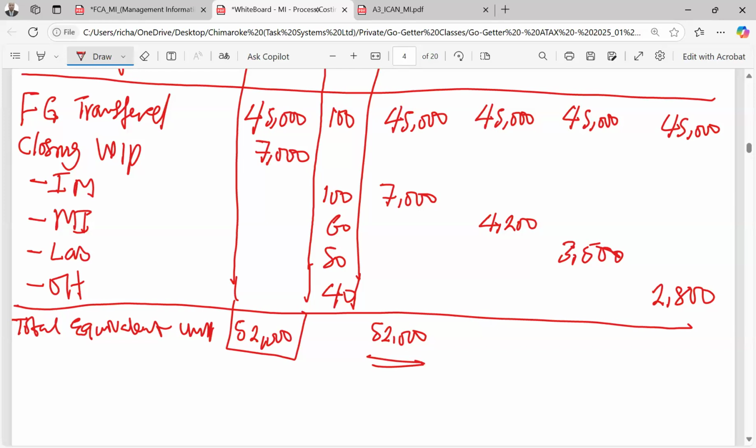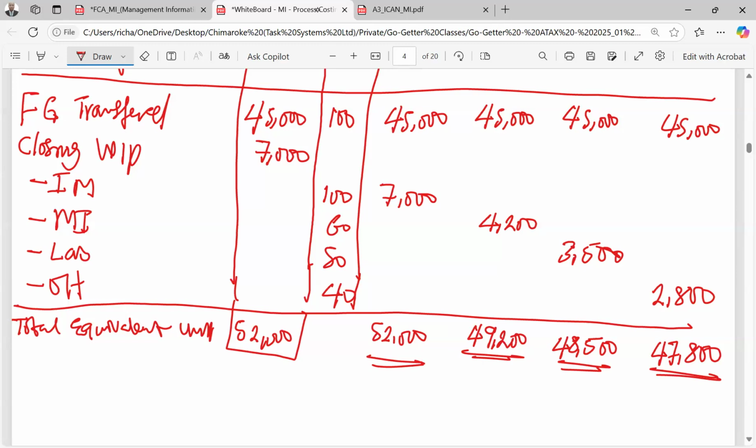Then 45 plus 4 gives you 49, so 49,200. 45 plus 3 is 48, so 48,500. 45 plus 2 is 47, so 47,800. So this is our equivalent units. That's the first step.